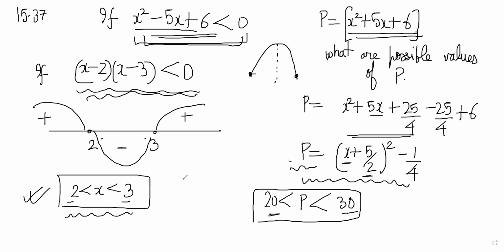If the vertex is at minus 5 by 2, the quadratic's minimum point is somewhere much below, and we are in the 2 to 3 range, which is on the same side of the vertex.